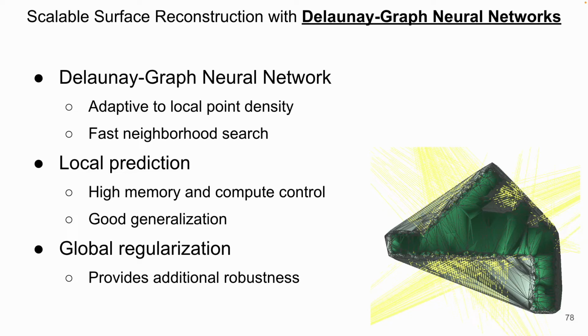Then we locally predict empty full likelihoods for each cell of the Delaunay triangulation, which enables a high memory and compute control and good generalization. And finally, we process the empty full likelihoods with a graph cut, which provides additional robustness.